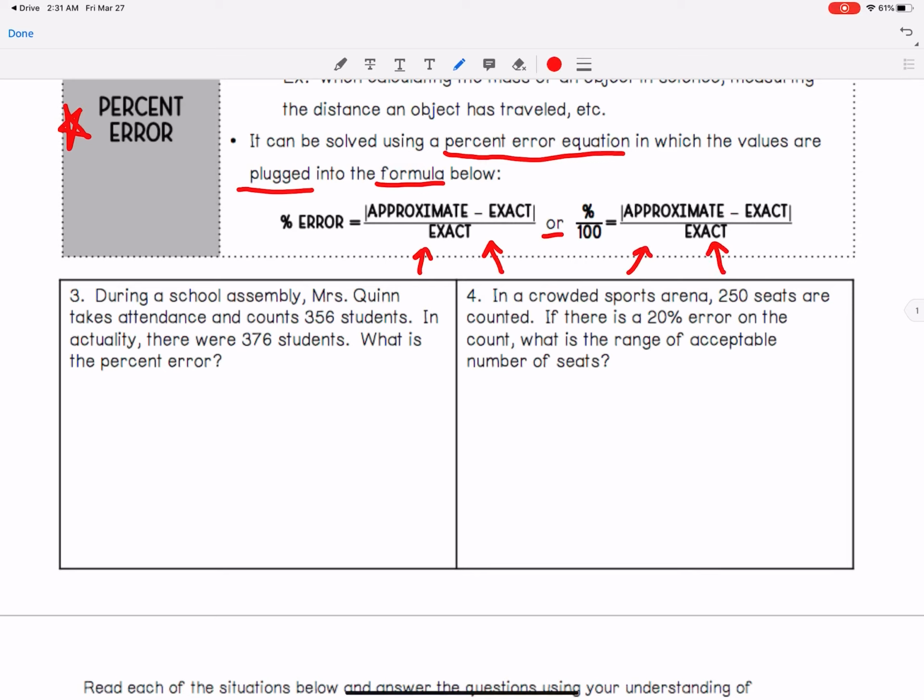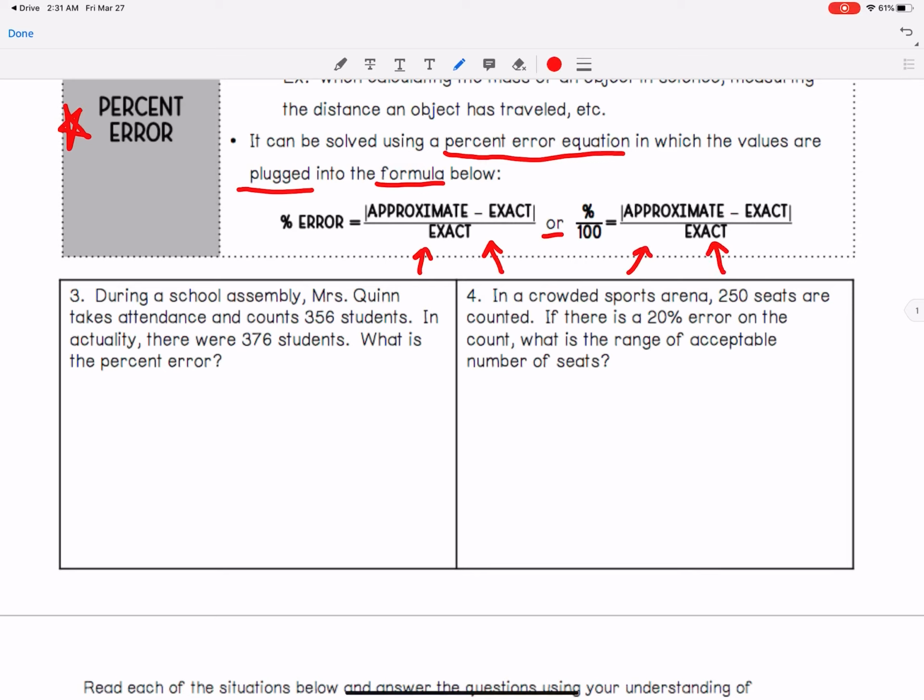So let's go ahead and do this math right here. 356 minus 376, that gives us the absolute value of negative 20, but that ends up just equaling 20. So here's what we have. 20 over 376. Well, that's going to give us the percent error.